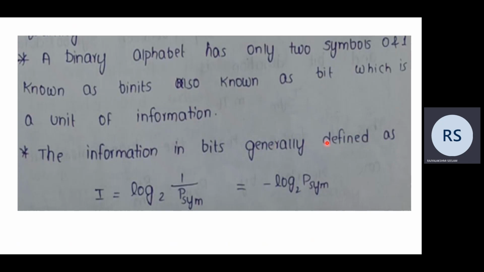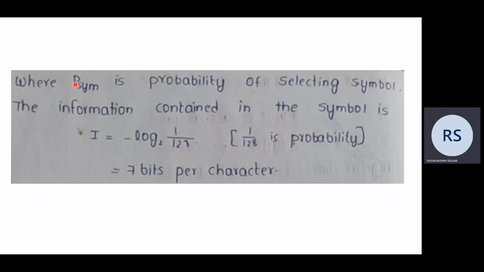Information in bits is generally defined as I equals log base 2 of 1 by P_sym, which can be written as minus log base 2 of P_sym, where P_sym is the probability of selecting the symbol.